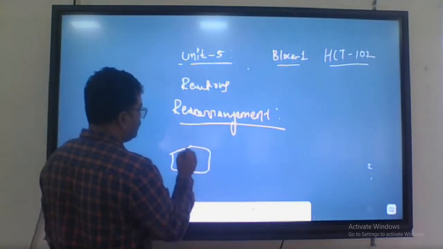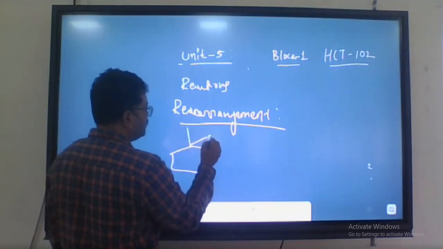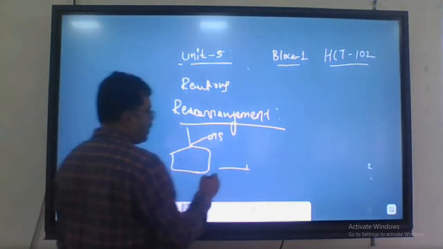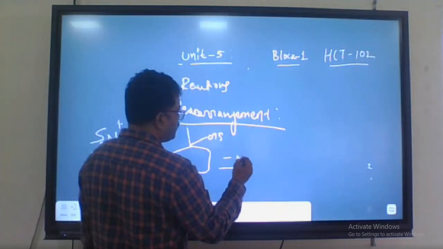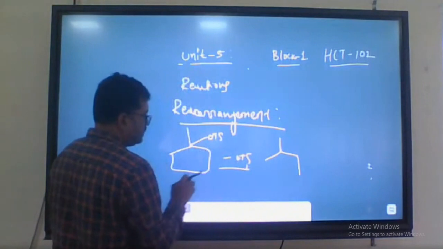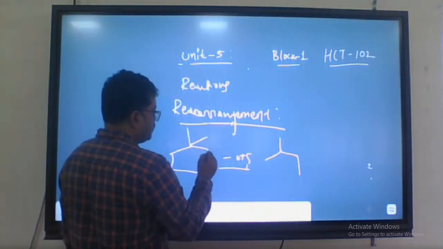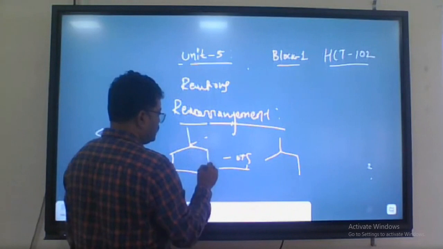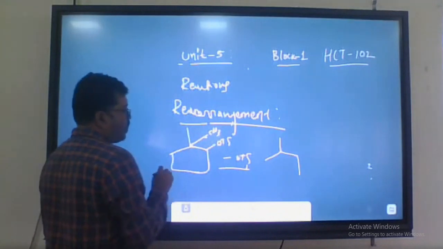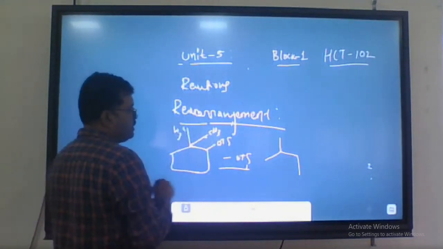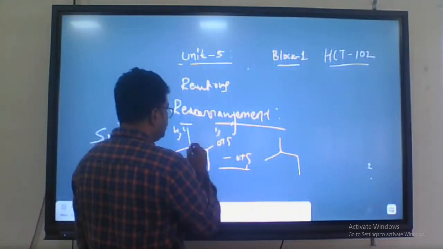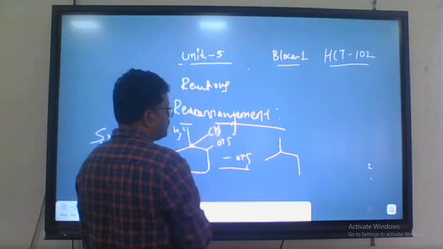If you take this compound, OTs, this bulky group OTs, tosyl group, what happens? The OTs dissociates. So CH3 and OTs.